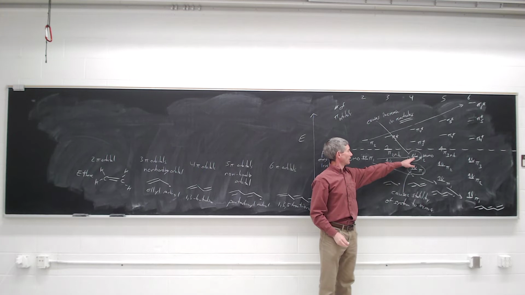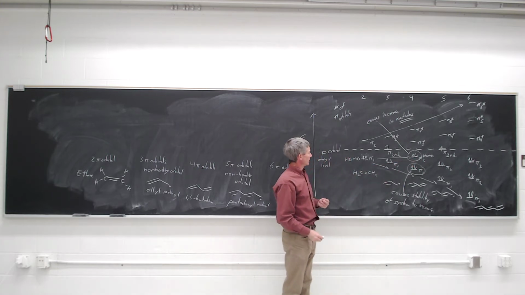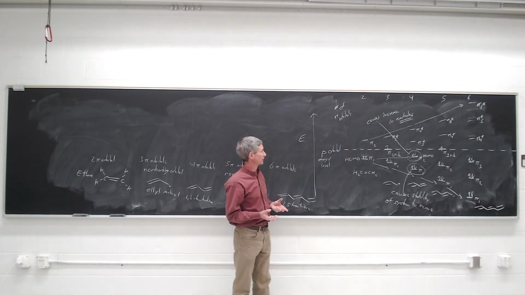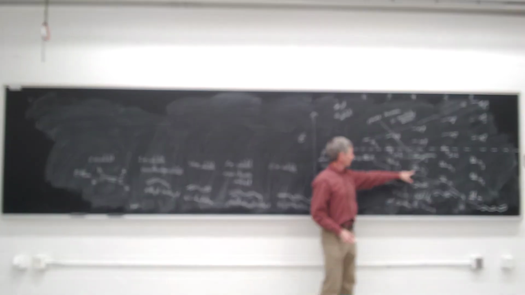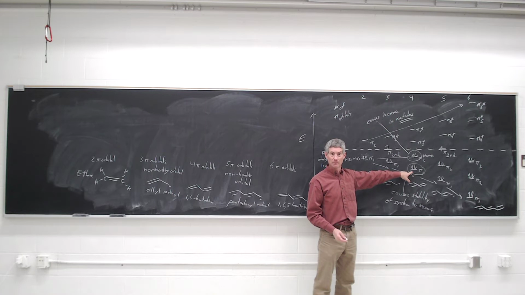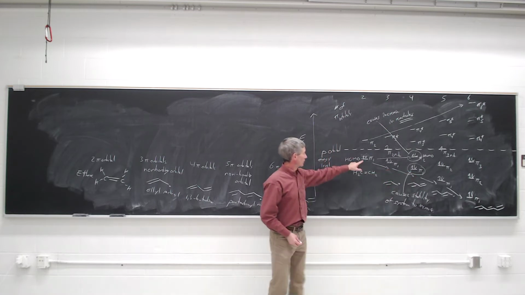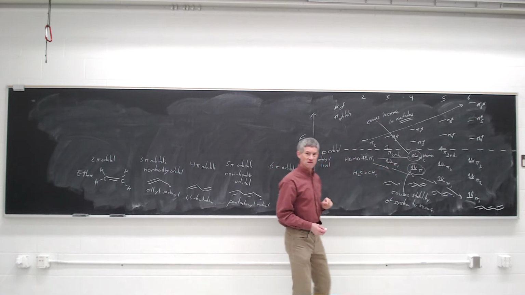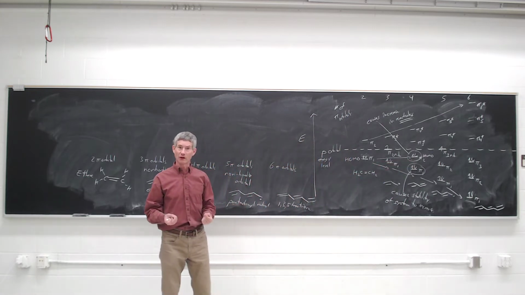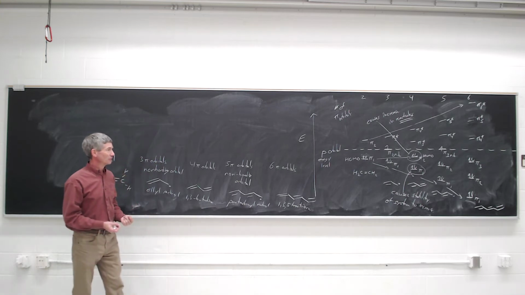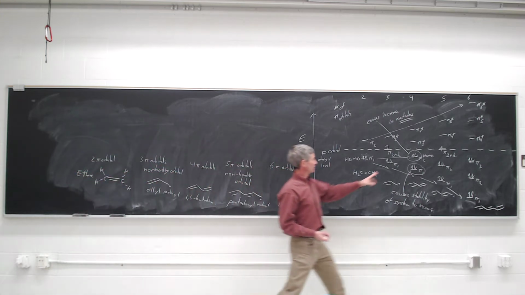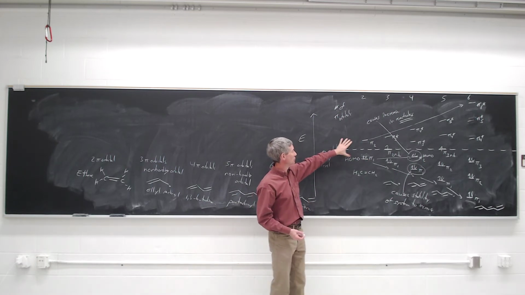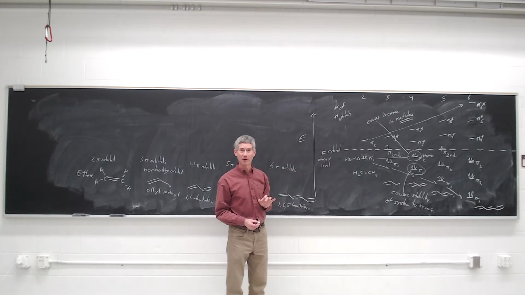These 2 orbital electrons are slightly less happy than they would be if we just had 2 isolated pi bonds and they weren't interacting at all. But these 2 electrons are substantially happier. These have dropped more relative to where this HOMO energy was than these have risen. So if you take the 4 electrons in total in the diene system, they're happier in the conjugated system than they would be in 2 isolated bonds, where you just had another pi 1 and pi 2 identical in energy to this pi 1 and pi 2.